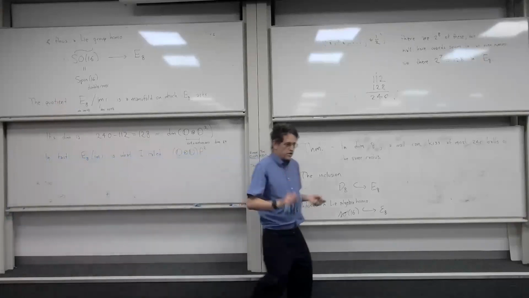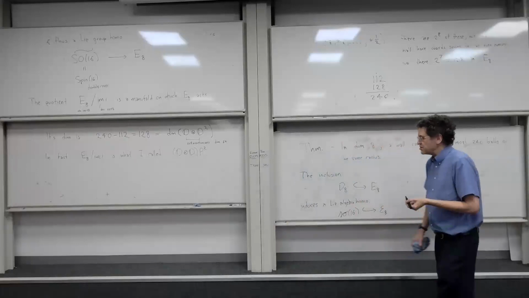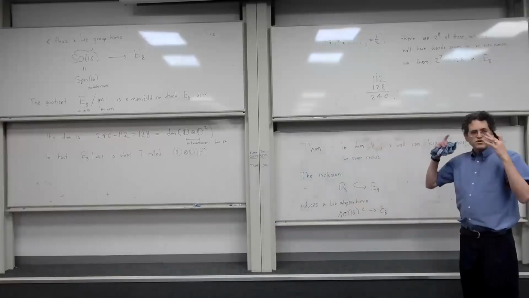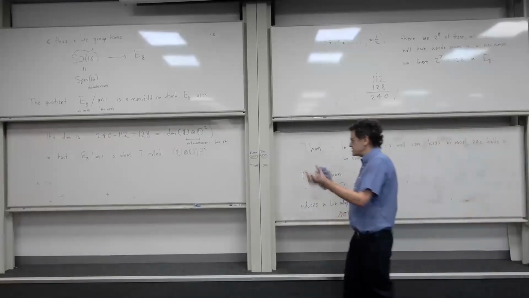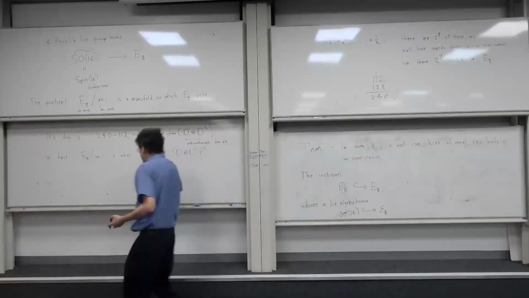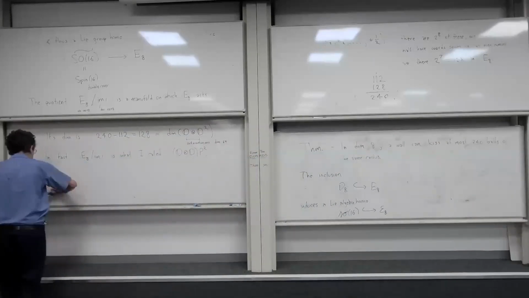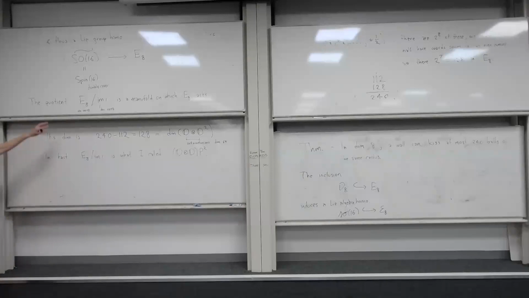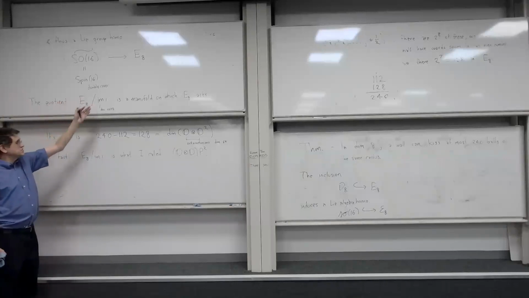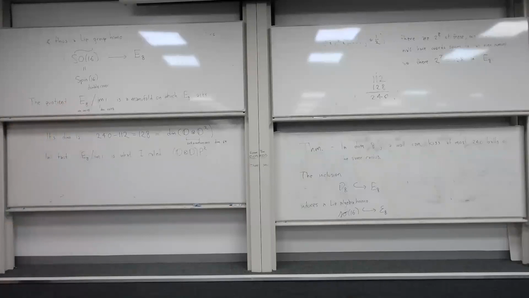And I told you there's this 128-dimensional manifold, which has a Riemannian metric on it, whose isometry group is exactly E8. And that's this guy here. So I've shown you there's this manifold of the right dimension. I've sketched it. And I've shown you that E8 acts on it because it's a quotient of a group by another group. So that's all you need for that.